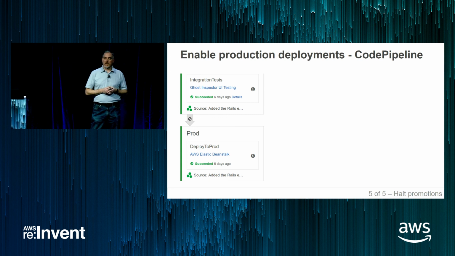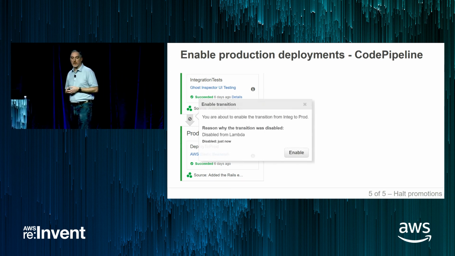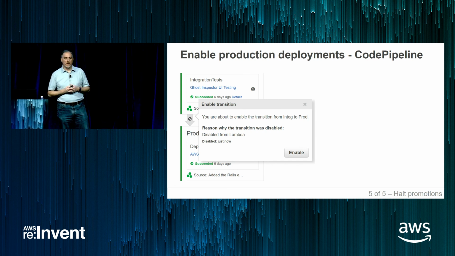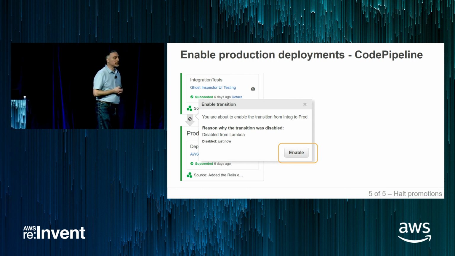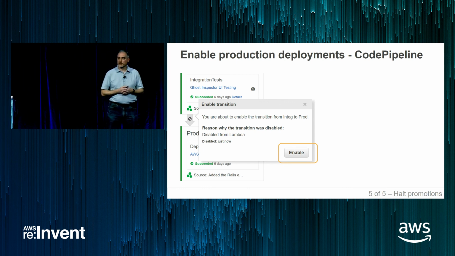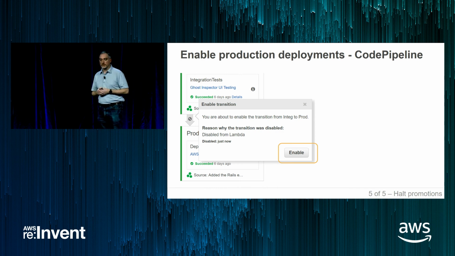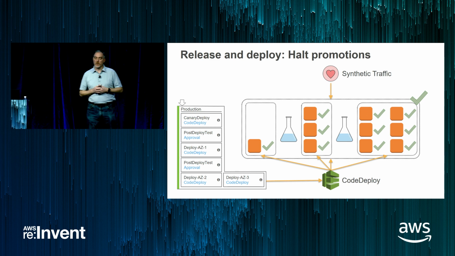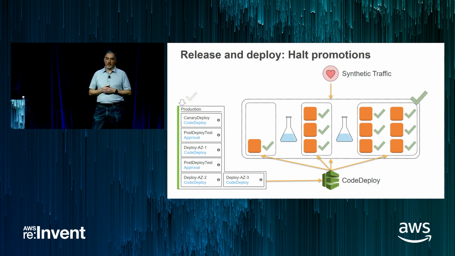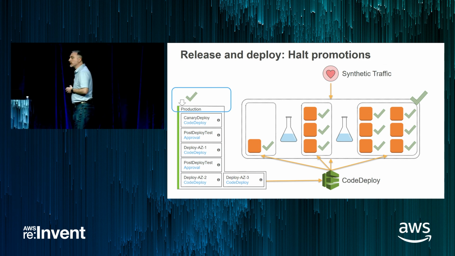When a stage is disabled, either through the API call or through the console, it'll contain a reason, and the operator can then come back and enable the transition once the operational event is resolved. Now, our release process is updated to disable promotions to production. As you can see, we're starting to build a release process that's able to adapt to environmental changes.